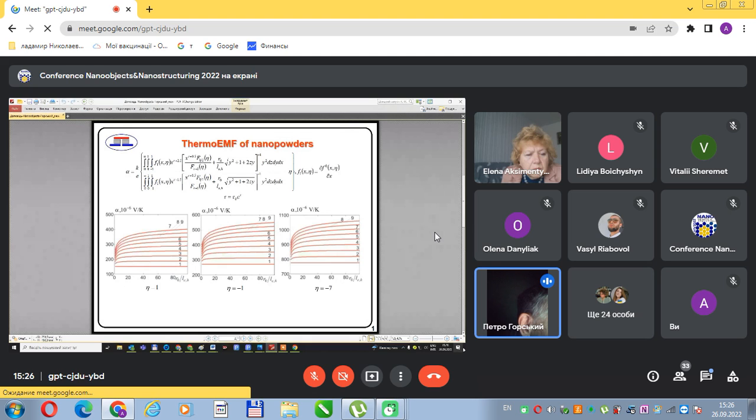Але якщо ми маємо більший R, то ми маємо доволі істотну залежність, а саме падіння з падінням розміру наночастинки. Але все одно, навіть для наночастинок, вона залишається більшою, ніж у випадку найменшого показника розсіювання мінус 0,5.